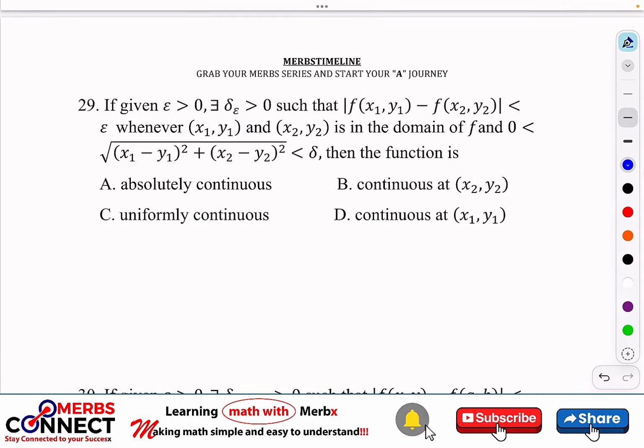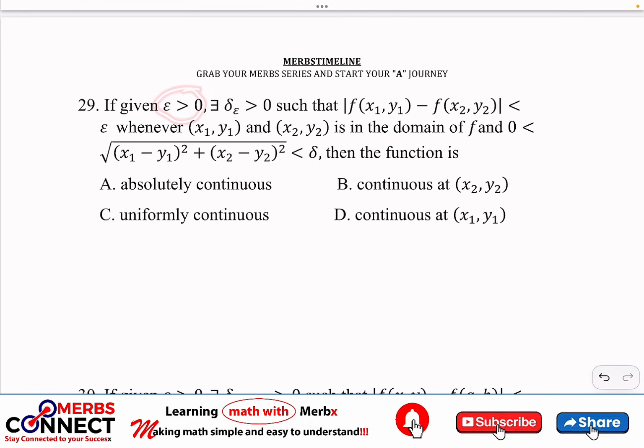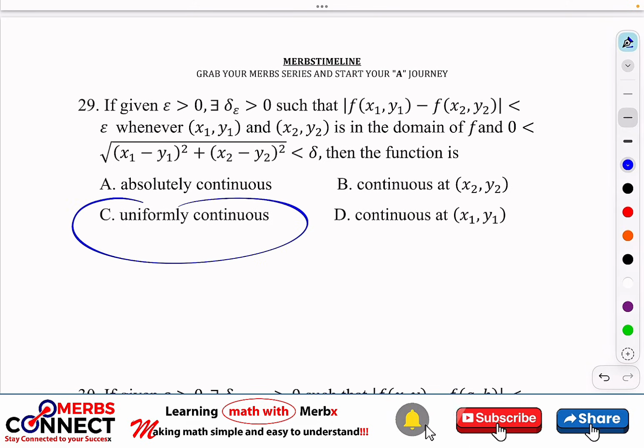Nice, definition. I love epsilon delta. Now, given epsilon greater than 0 and delta depending on epsilon also greater than 0, such that when we pick a point in the neighborhood, this means that it should be uniform, right? Because we are going to pick a point from the neighborhood.